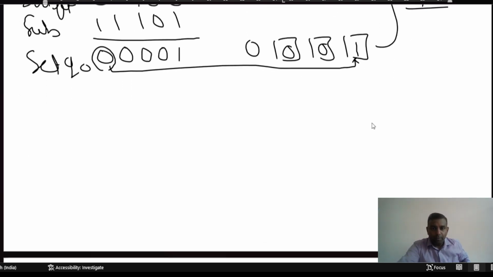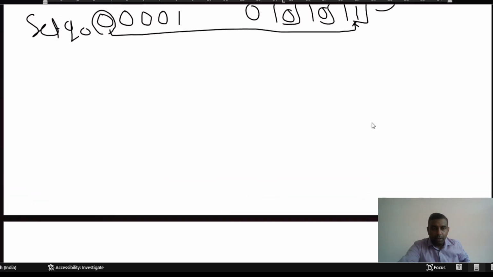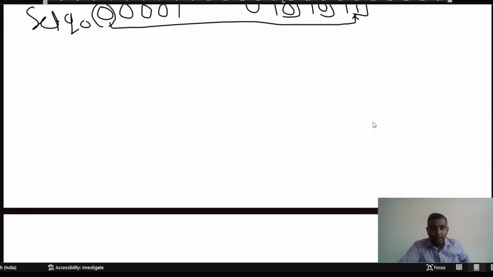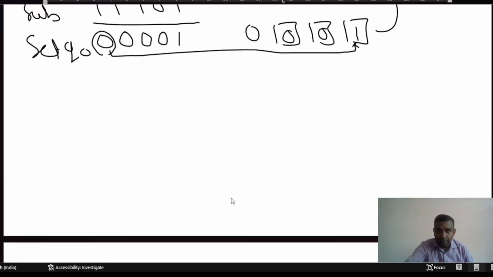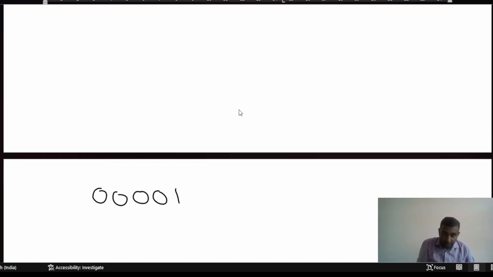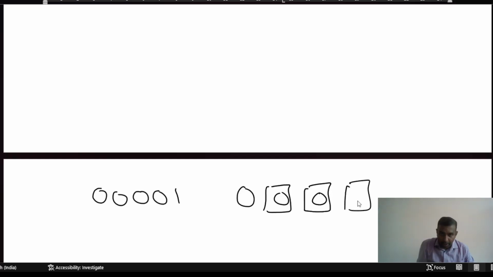Now we will perform cycle number 4, that is our last cycle. What is the result of cycle 3? 0 0 0 0 1. Now we perform the shift operation again.